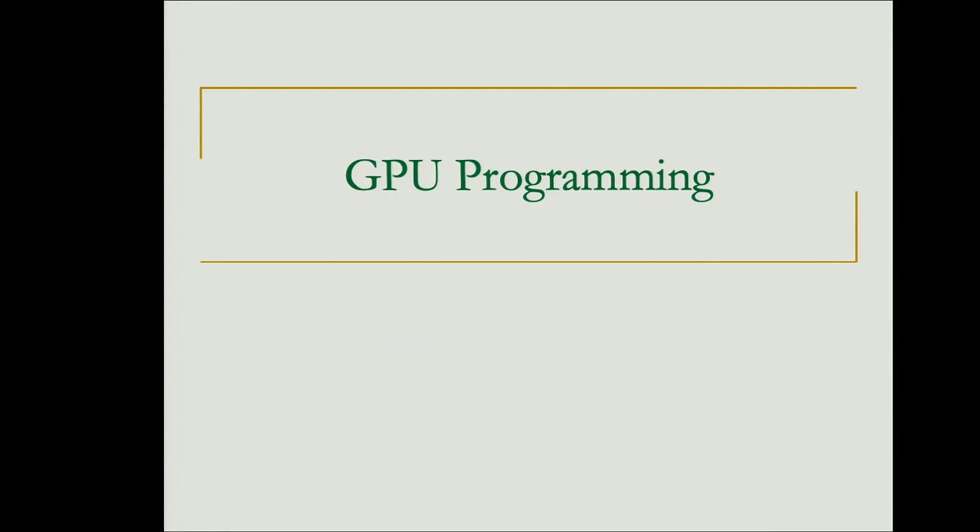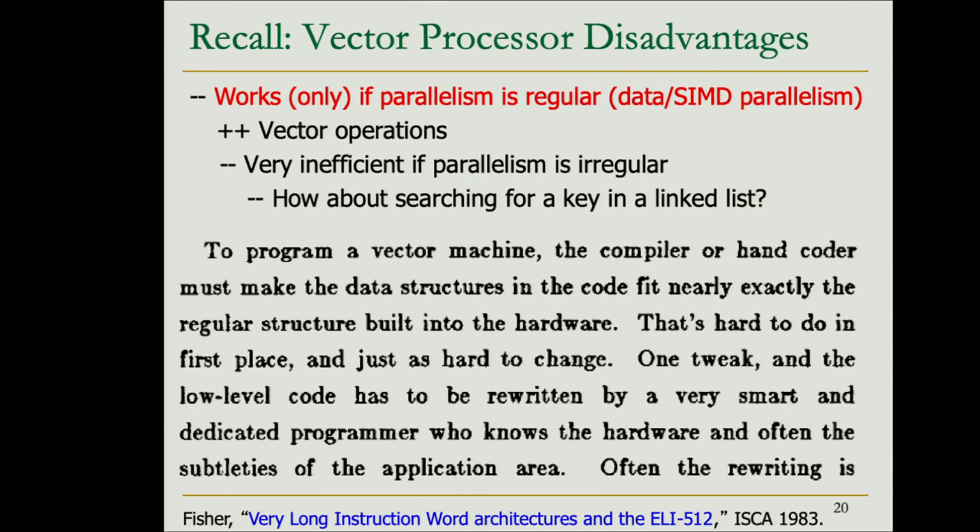Okay, let's start talking about the basics of GPU programming. And the very first thing is to recall this slide that we also presented the other day. What was one of the main drawbacks of SIMD processing? One of the main drawbacks of SIMD processing was that it's difficult to program. And this is what we are trying to tackle with both synchronous parallel programming models like CUDA or OpenCL.